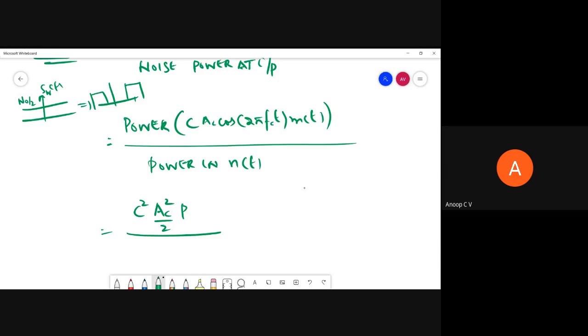So the power will be equal to N naught by 2 times 2W. So that 2 and 2 will get cancelled, and that will be equal to N naught W. I'll write it down.